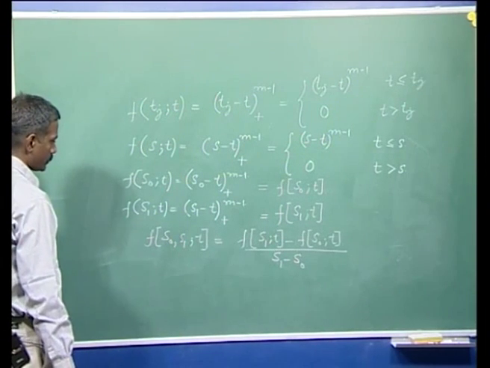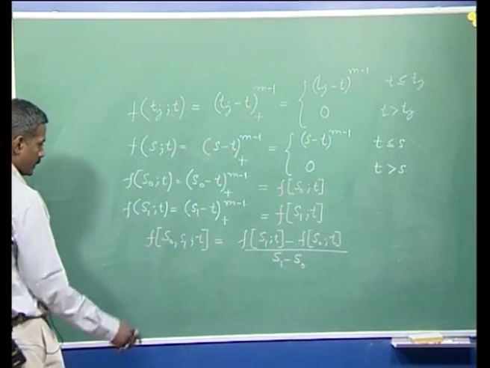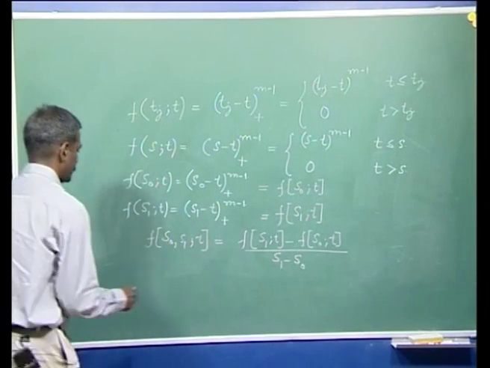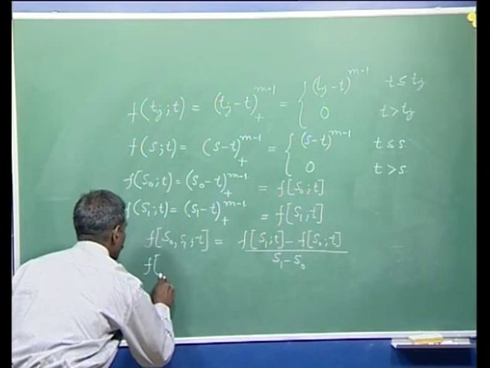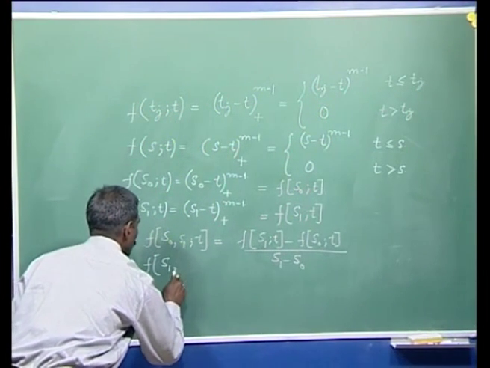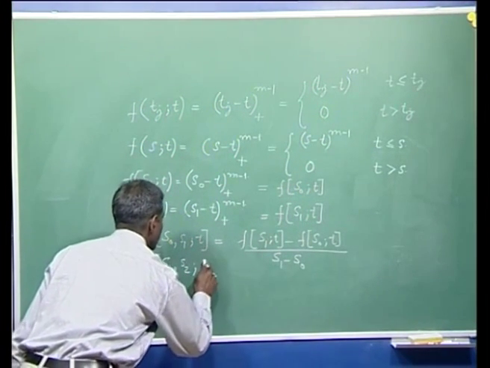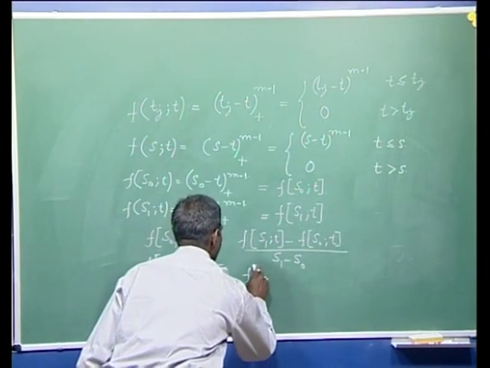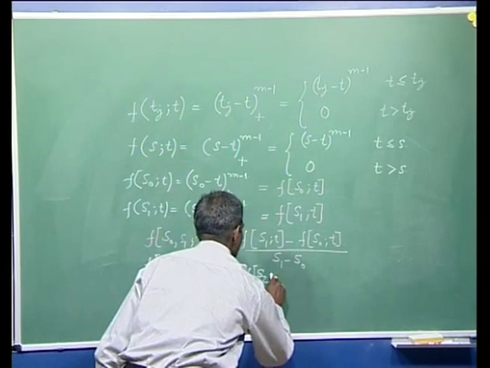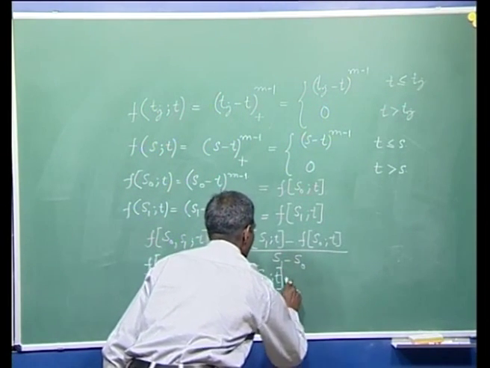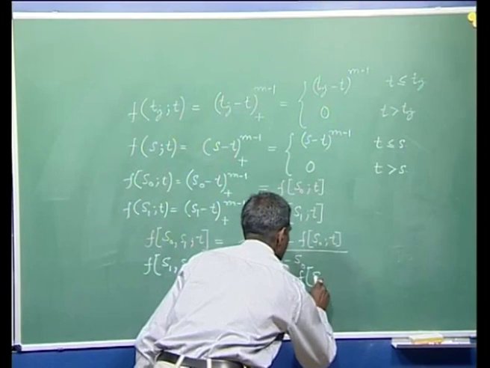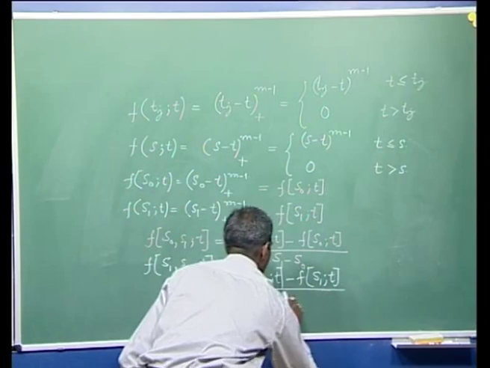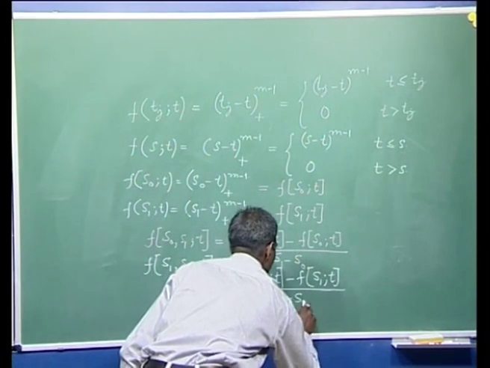If I want to compute the first divided difference using s1 and s2, I'll have to write this thing as f[s1, s2 : t]. This is equal to f[s2 : t] minus f[s1 : t] over s2 minus s1.